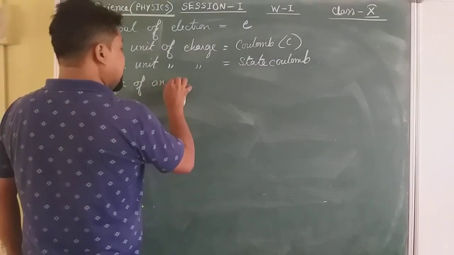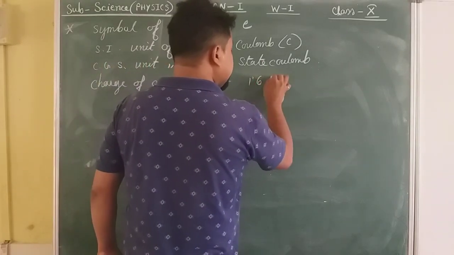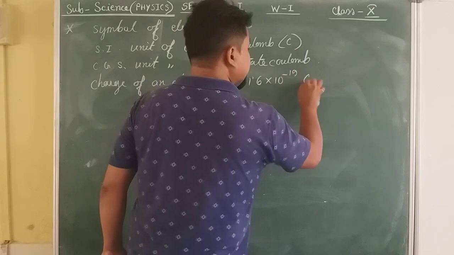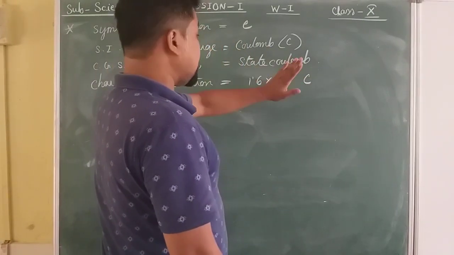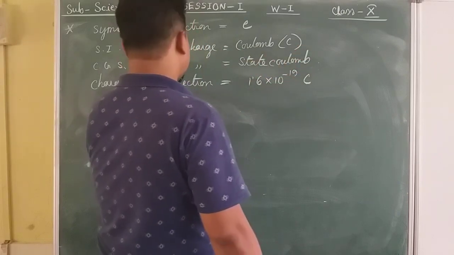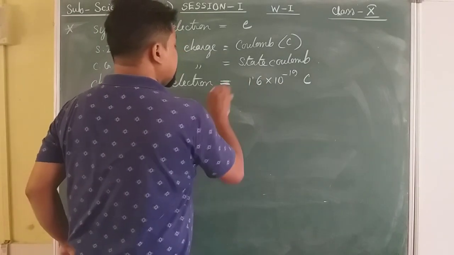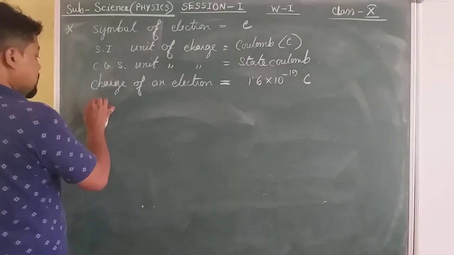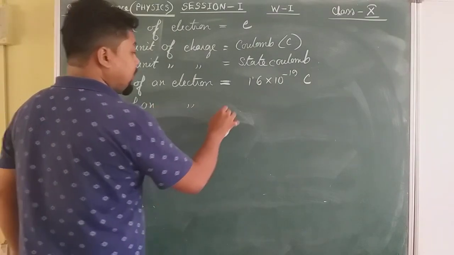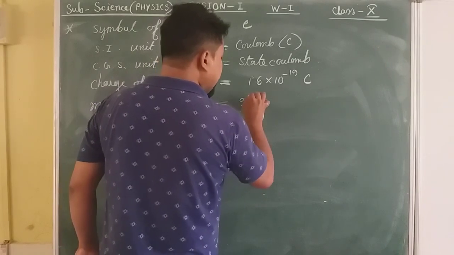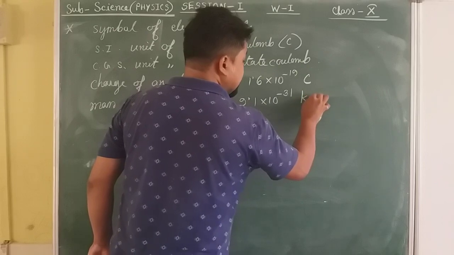Charge of an electron is 1.6 into 10 to the power minus 19 coulomb. That means the charge of an electron. But an electron is negatively charged, so minus 1.6 into 10 to the power minus 19 C. Mass of an electron is 9.1 into 10 to the power minus 31 kg.